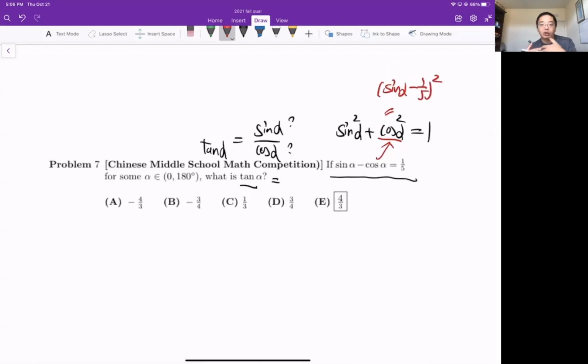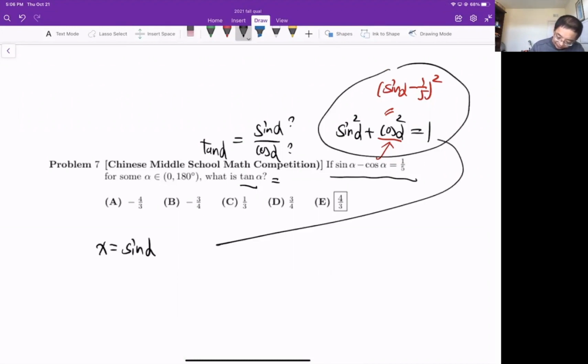And if we write out, we get a quadratic equation of sine alpha. For convenience, let x equal sine alpha, and then this gives me the equation x squared plus (x minus 1/5) squared equals 1.